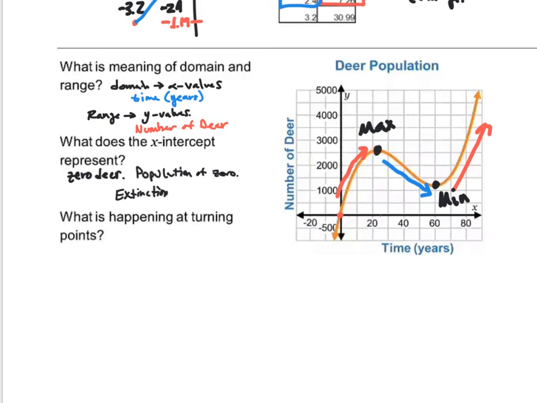They were eating all the grass, and that affected the river. Then they said, all right, let's bring the wolves back in. The wolves started eating the deer and the river started to go back to normal. And then maybe something happened to the wolves, and all of a sudden the population of deer goes way up.